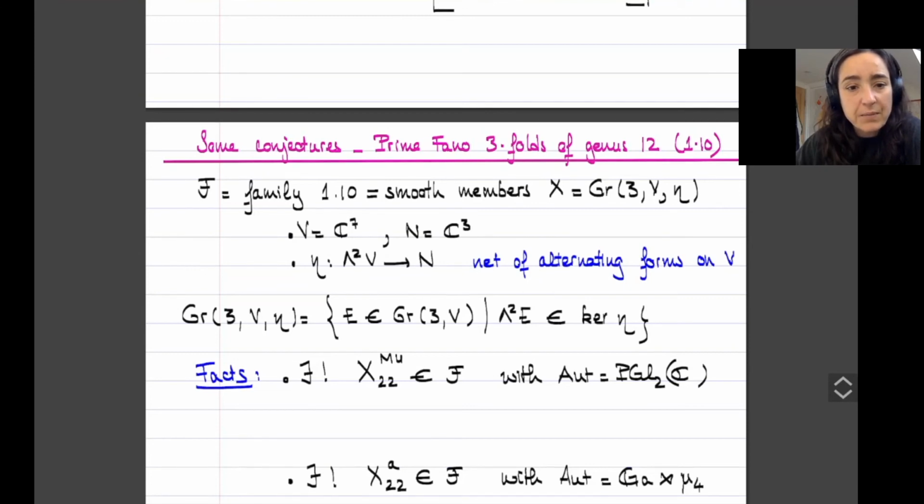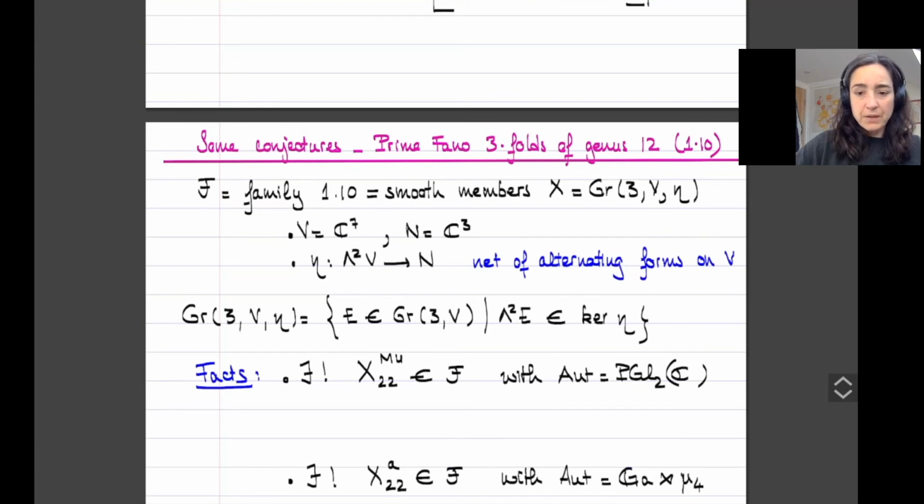So I take a 7-dimensional C vector space V and a 3-dimensional C vector space N. I consider a net of alternating forms on V, so a linear map eta from wedge 2 V into N. And I consider the subspace of the Grassmannian of 3-dimensional subspaces of V which are isotropic with respect to the form eta, so the wedge 2 of the subspace is in the kernel of eta.